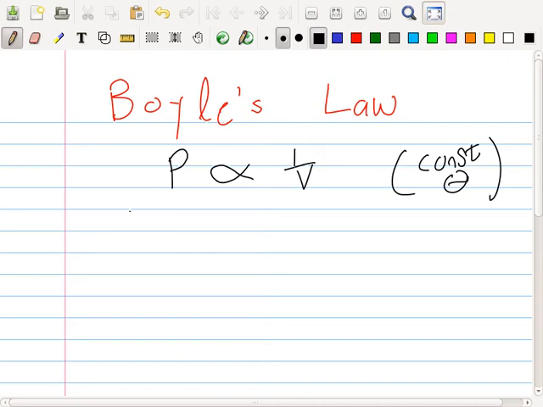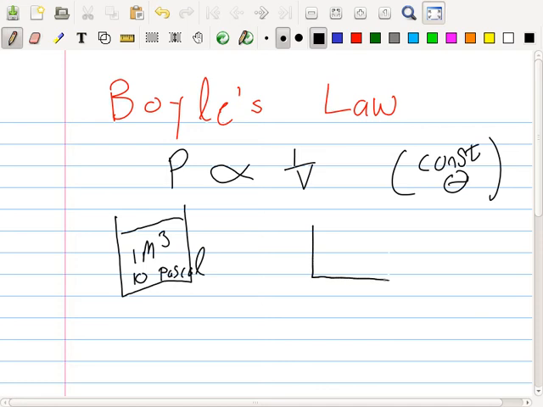So I'll give you an example. Here's a very simple example. Let's say the volume here is 1 meter cubed, and let's say the pressure is 10 pascals. If I half the volume to now a half meter cubed, what happens to the pressure?